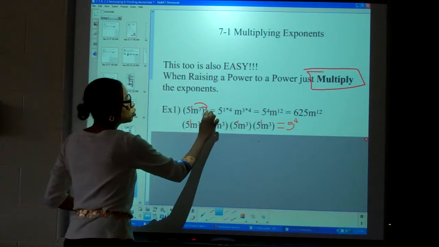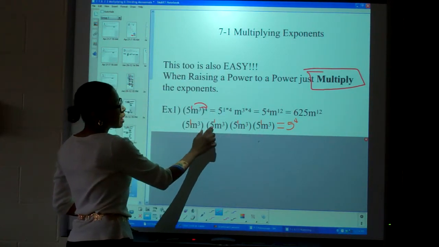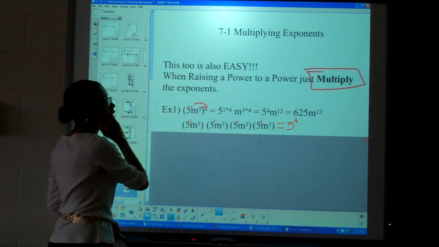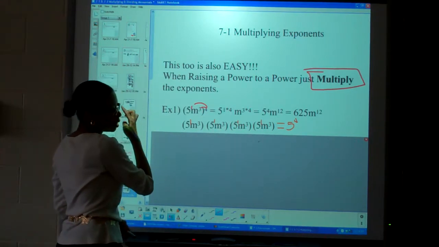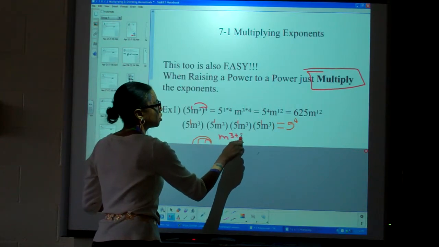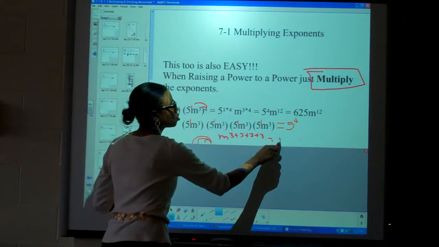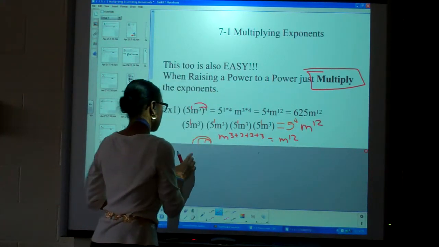That's the expanded way. You're doing it 4 times. 5 times 5 times 5 times 5 is still going to be 625, or 5 to the 4th. And when we have these m's, we're adding the exponents together: m to the 3 plus 3 plus 3 plus 3 power, which is m to the 12th power.